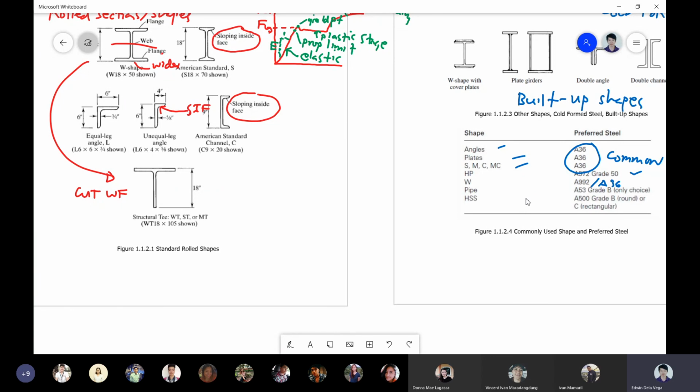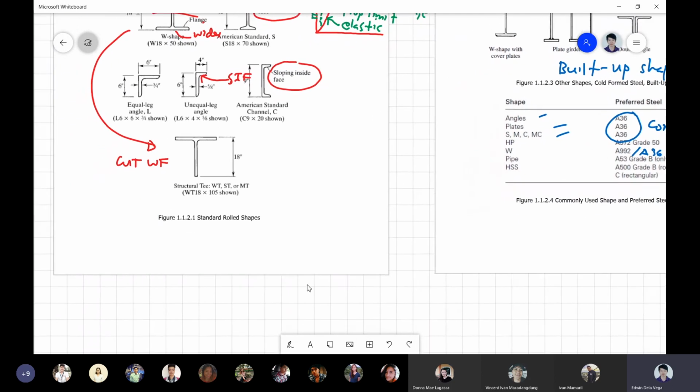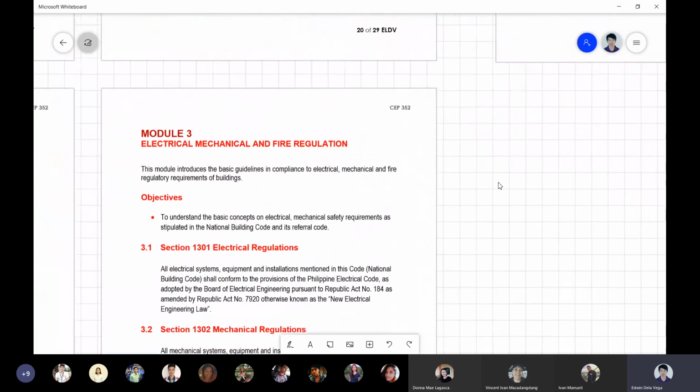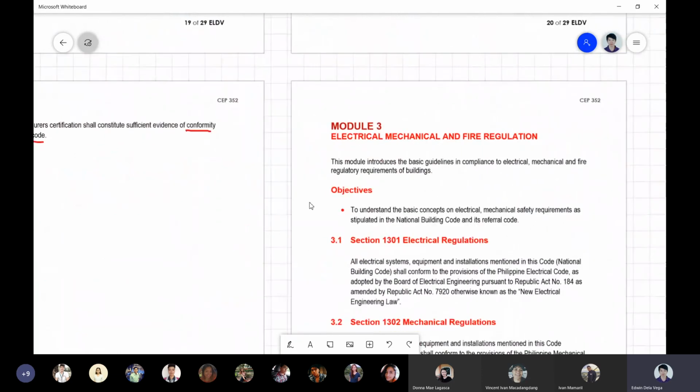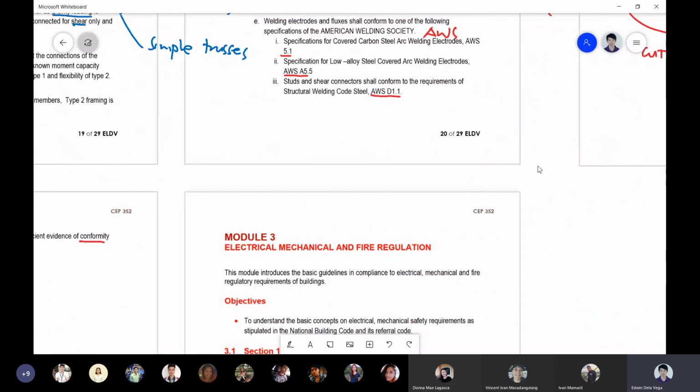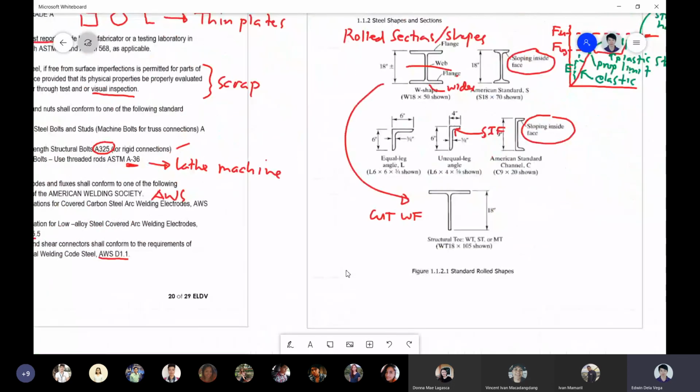But today you don't need that because we will not be using any of those in our computation yet. Okay, but as you proceed with steel design, you will be using those. Okay, so that's all for the discussion today on structural steel as a construction material.